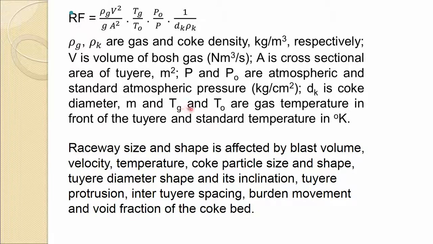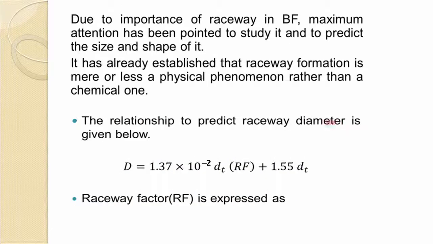and Tg and T naught are the gas temperature in front of the tuyere and the standard temperature in degrees Kelvin. So, as I mentioned, the size and shape of the raceway is very important to know the performance of the blast furnace.